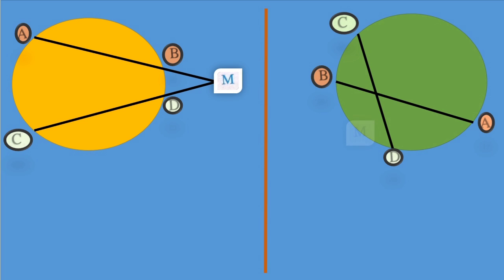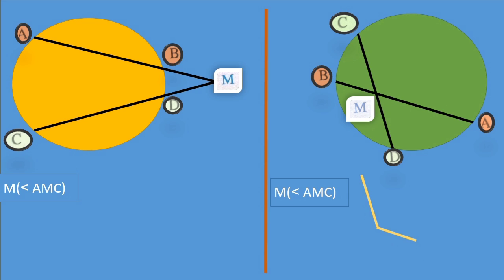I have four angles in the first circle and one angle in the second circle, and each two vertically opposite angles are equal. If I want to talk about the measure of angle AMC and BMD, these are two vertically opposite angles and equal in measure. In the first circle, the measure of angle AMC equals half the sum of the two arcs, CA and BD.